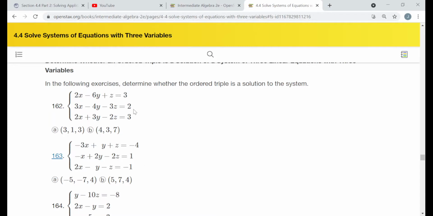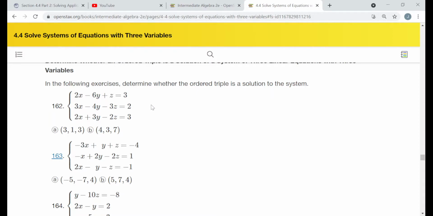In every single one of them we're given a system of equations. There are three equations, and throughout these three equations, three variables appear: x, y, and z. We're asked to determine whether the given ordered triple, in this example 3, 1, 3, is a solution of the system.